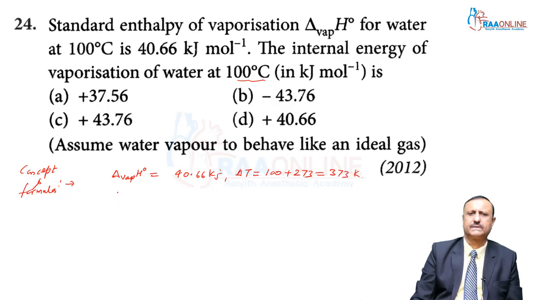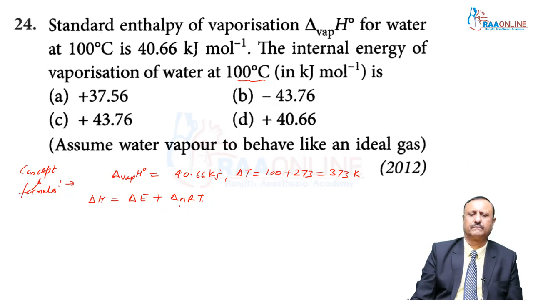Now, my dear students, we can see that you want the internal energy of evaporation. So you can put the formula delta H is equal to delta E plus delta nRT.